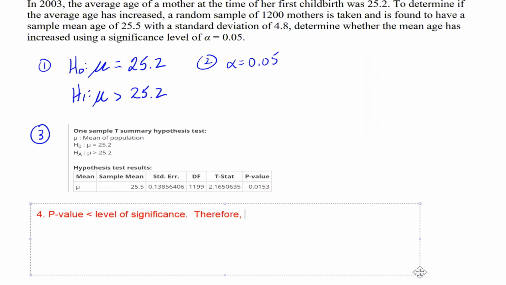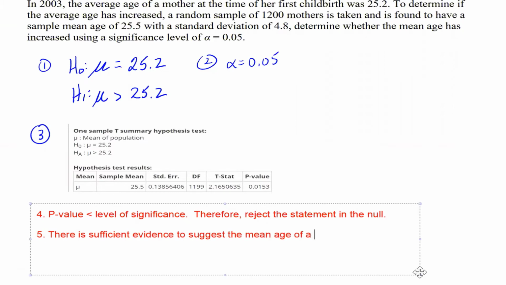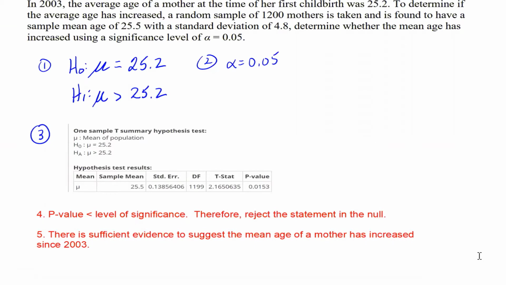Therefore, we reject the statement in the null hypothesis. And so there is sufficient evidence to suggest the mean age of a mother has increased since 2003. So it is a statistically significant result.